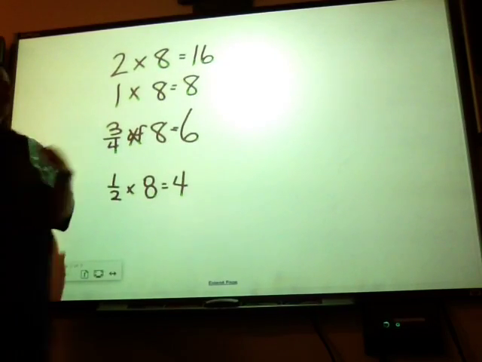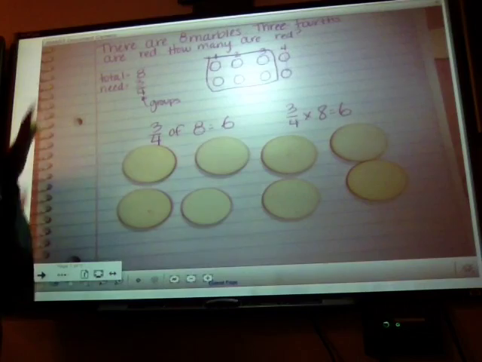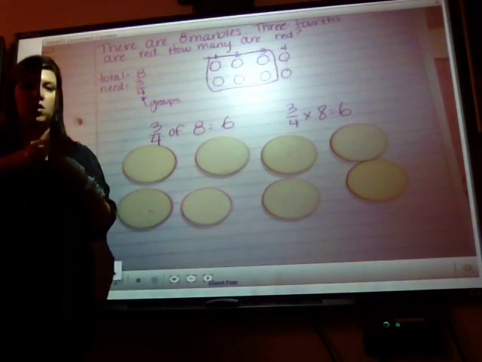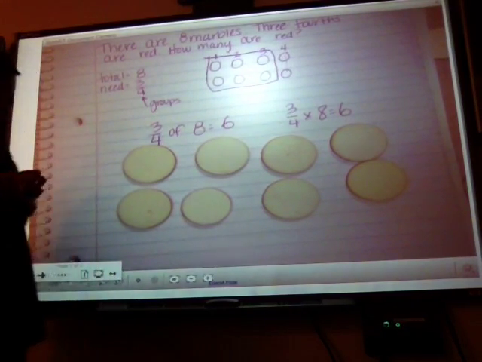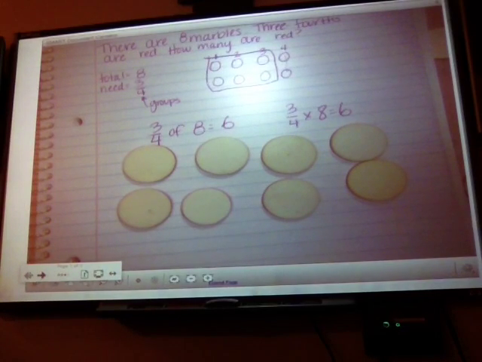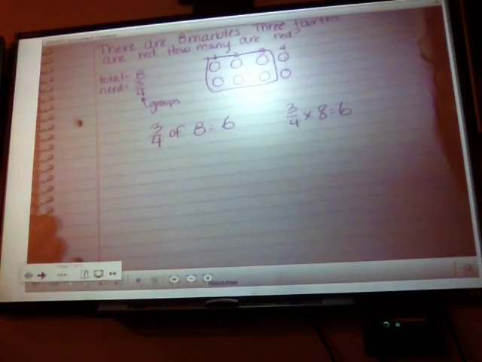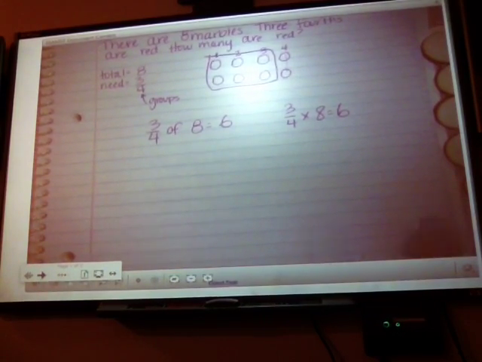I'm looking for what we said in our notes. Part of a whole. So that's why you're working with 6, because I'm doing 3/4 of 8, or 3/4 times 8. All right? Here again, let's look at another problem.